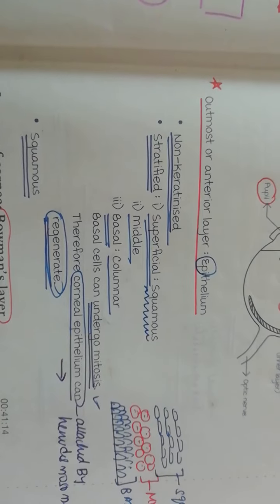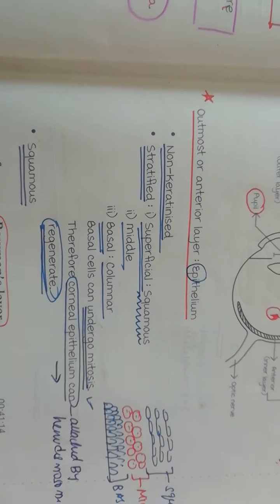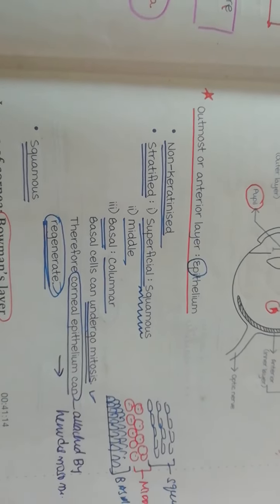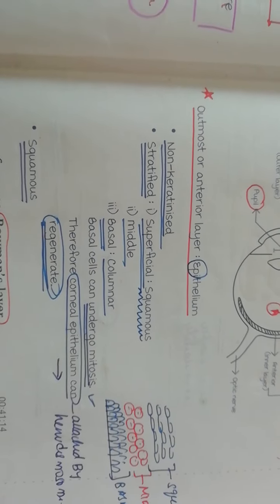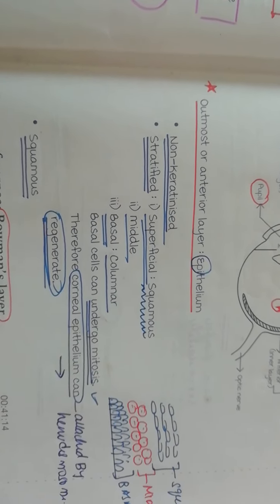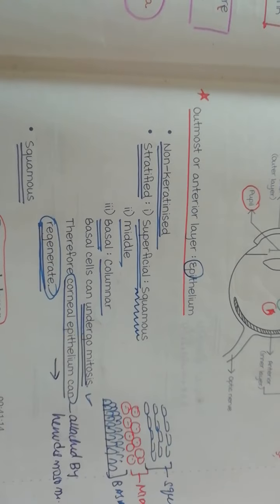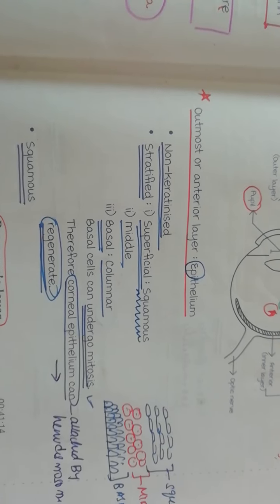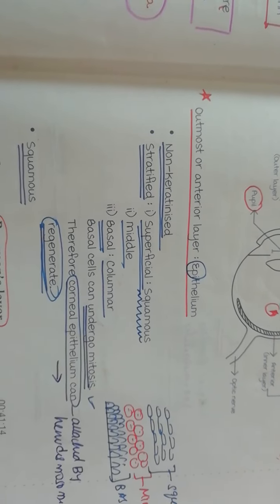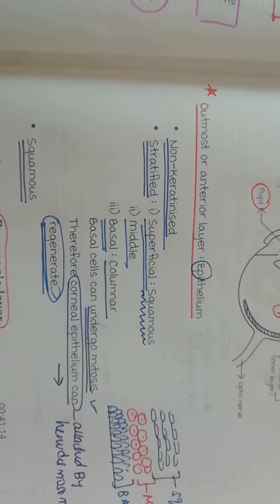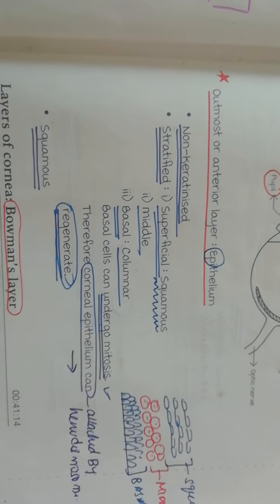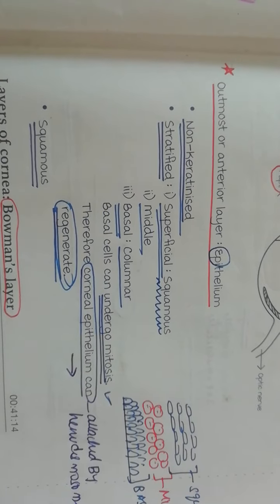What do we mean by non-keratinized? Keratin is what hair is made up of, the tough, black nature. The epithelium present in the cornea is non-keratinized. And there are multiple layers, so we call that stratified.